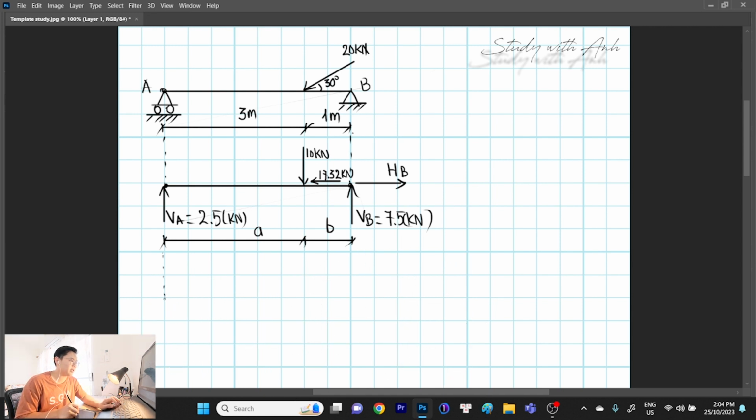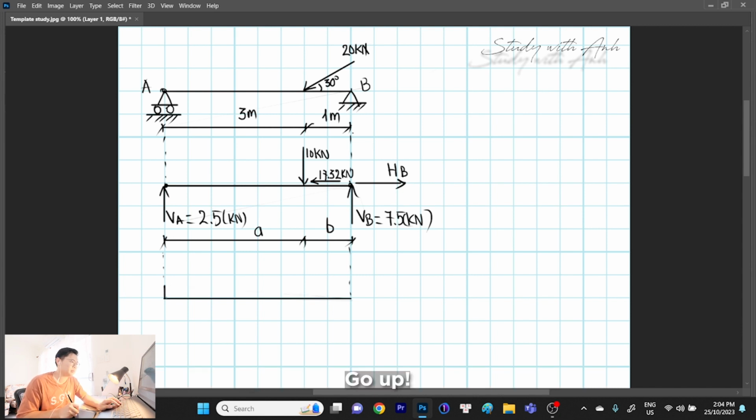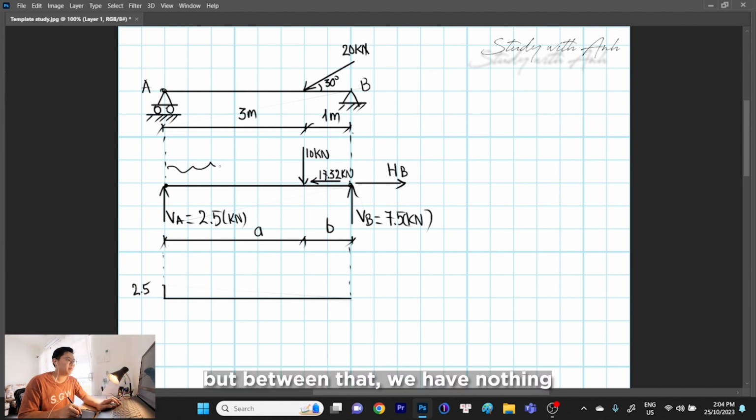And so from here you can draw a shear force diagram now. Alright, let's draw it. So in here you have VA with the value of 2.5 kilonewton going up. 2.5 going up, right? But between that we have nothing.